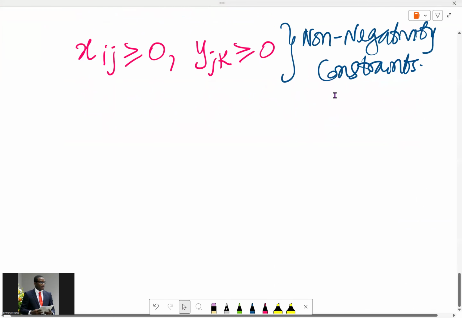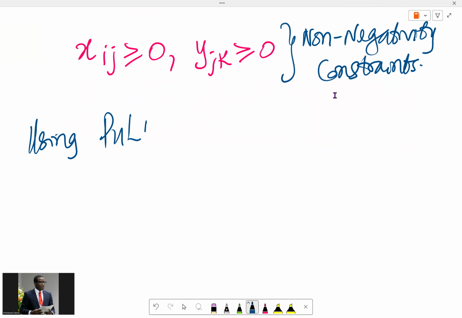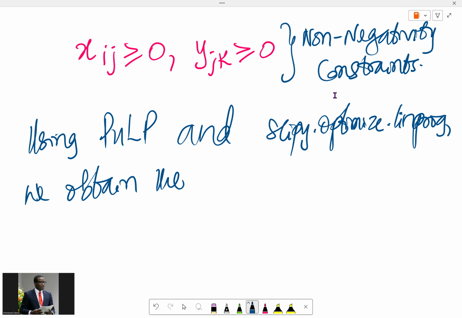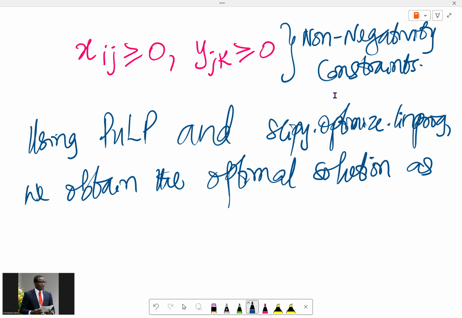So using PuLP and SciPy optimize linprog, we obtain the optimal solution as follows.